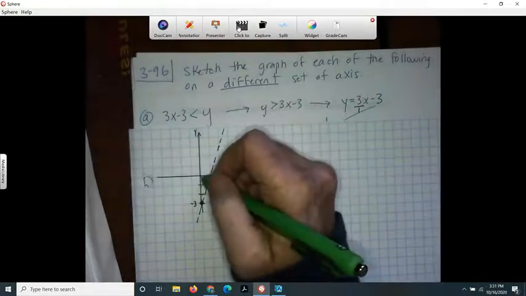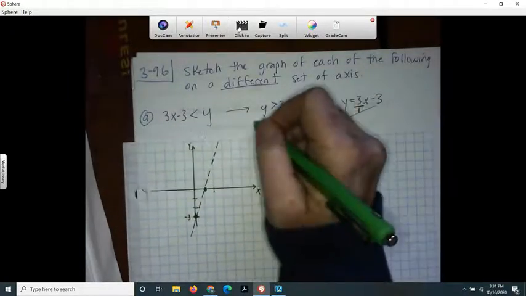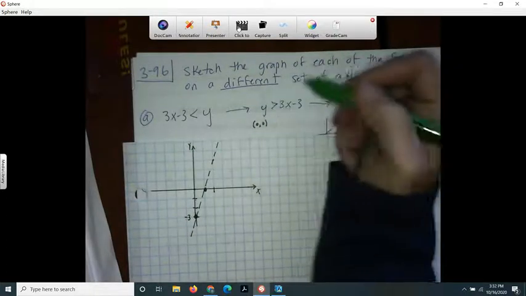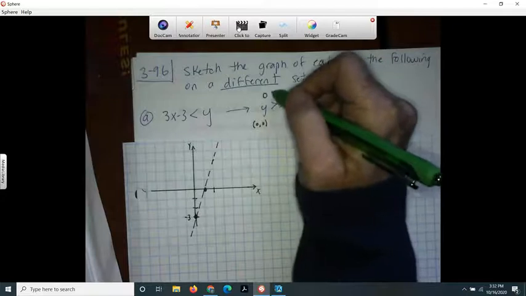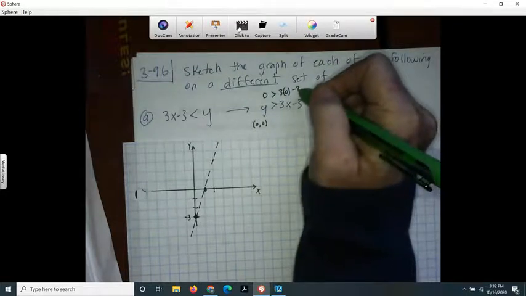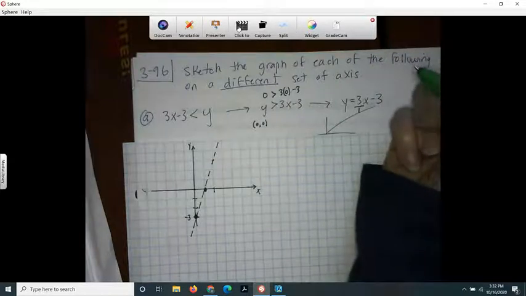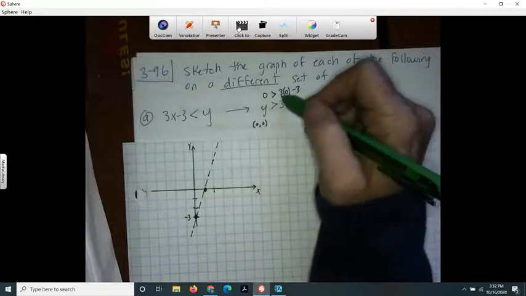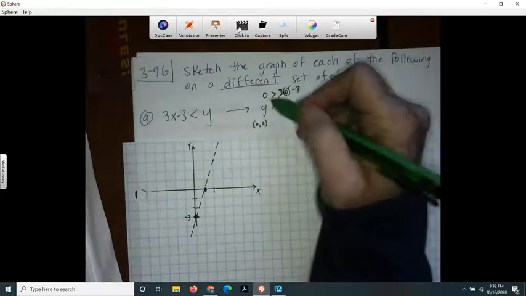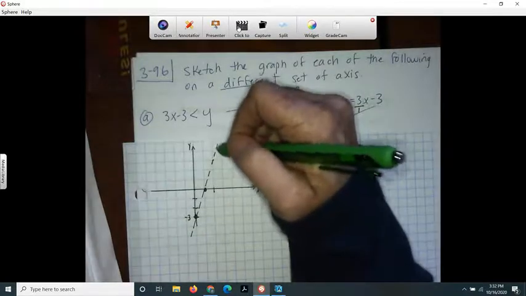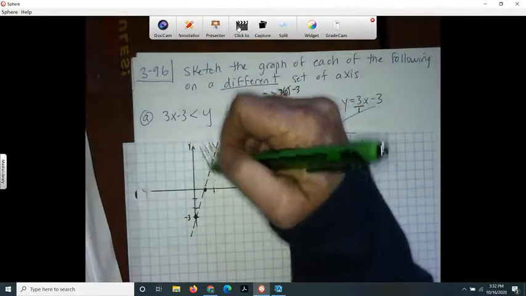If I plug it in, I would get 0 is greater than 3 times 0 minus 3. I want to find out if that's true or not. 3 times 0 is just 0. Is 0 greater than -3? Yes. So I'm just going to shade above it, and I show it with some lines.